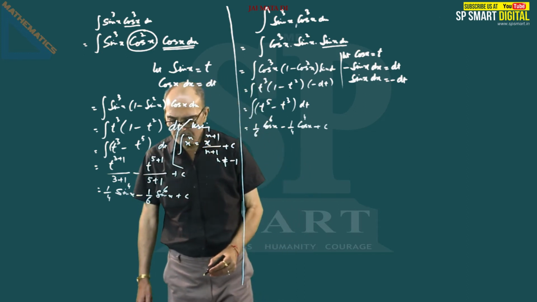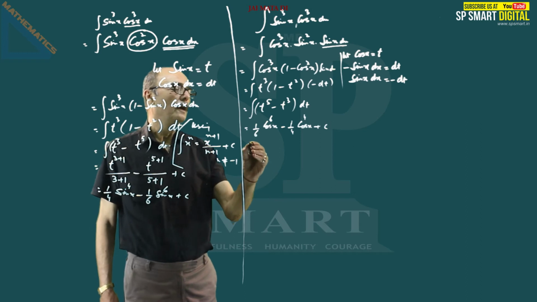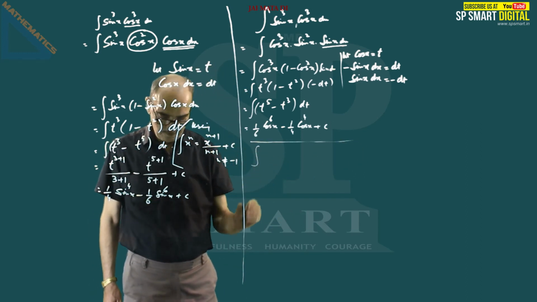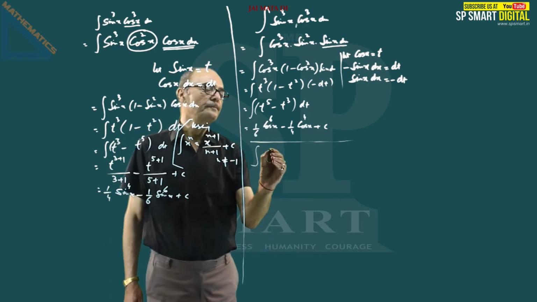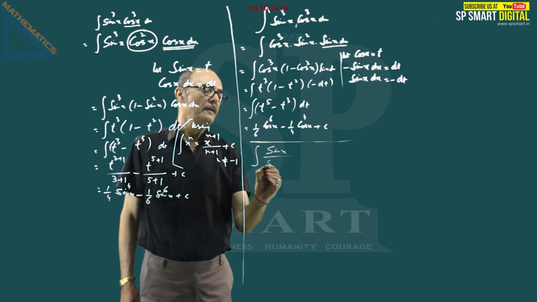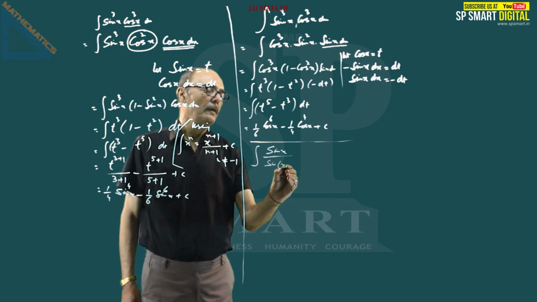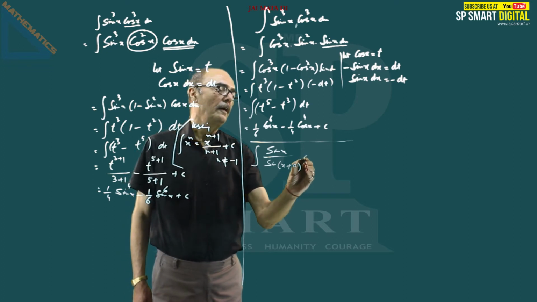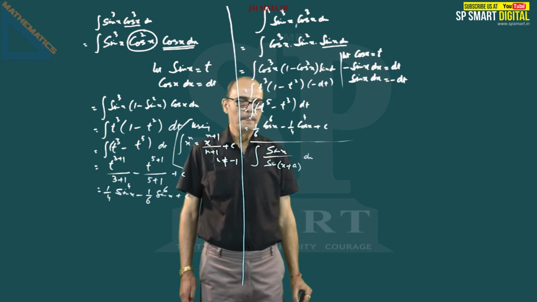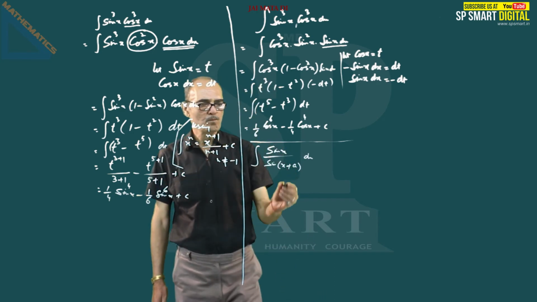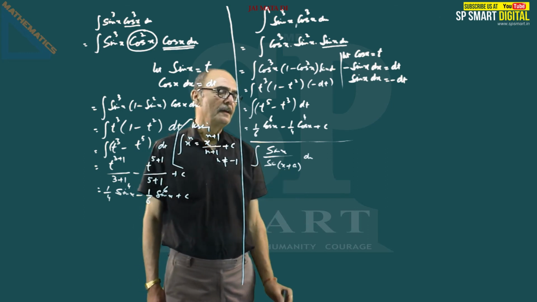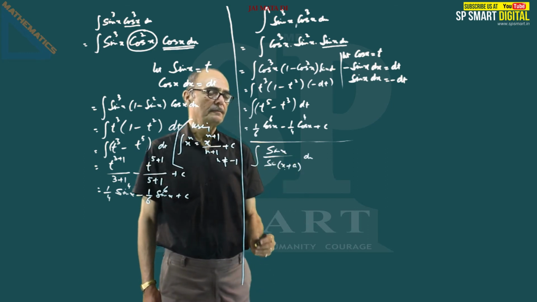Then next comes integral of sin x divided by sin of x plus a, dx. Now, look here, here we have x plus a and here we have only x.